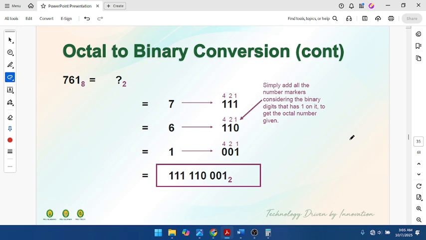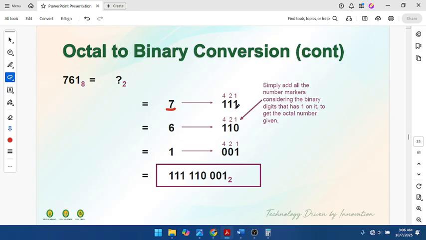For example, 761 base 8 is equal to what in base 2? First, we have 7. If we convert this into binary, we have 111.